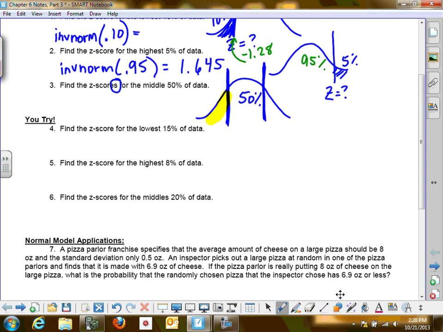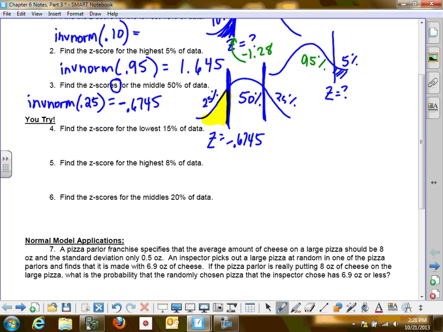What is in this shaded area right here? Good, 25%, because both tails are going to contain your 25%. So I'm going to go inverse norm of 0.25, and when you do that, you get negative 0.6745. So that is this z-score right here.